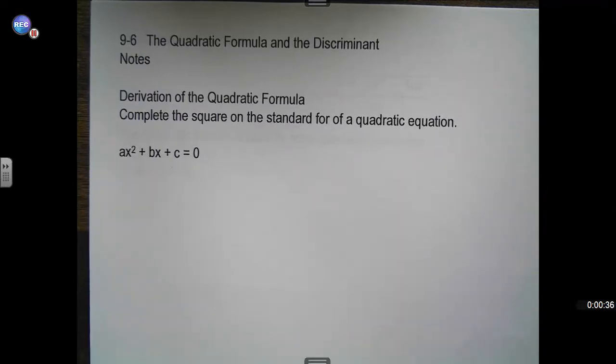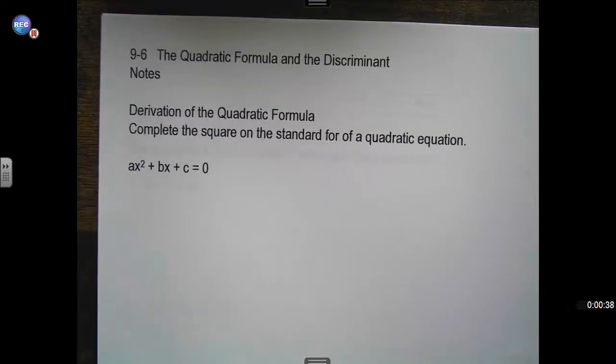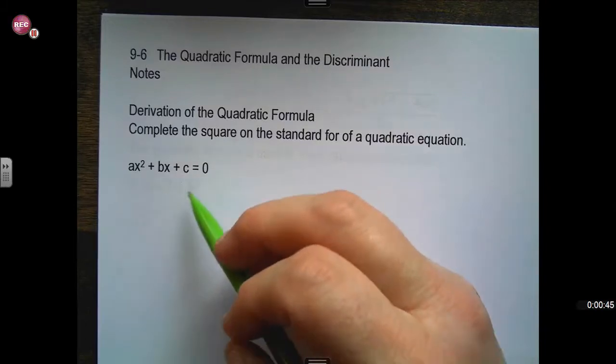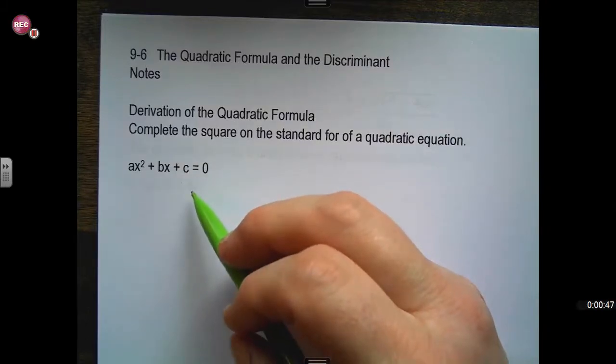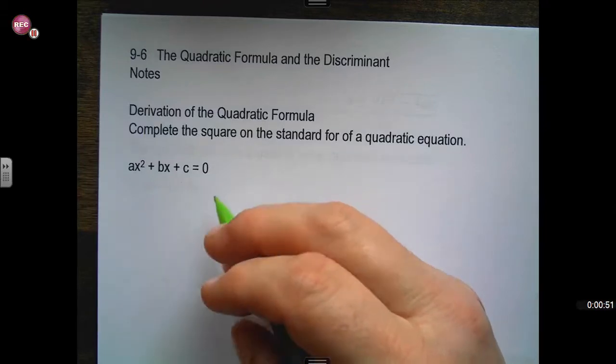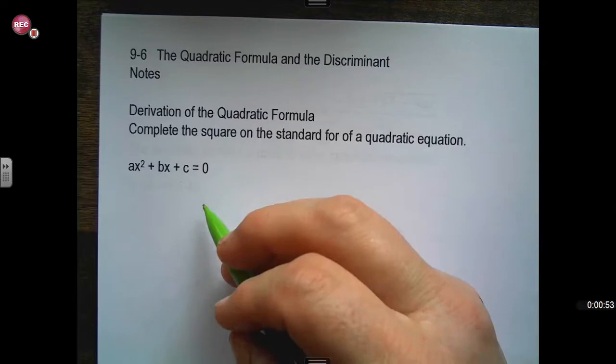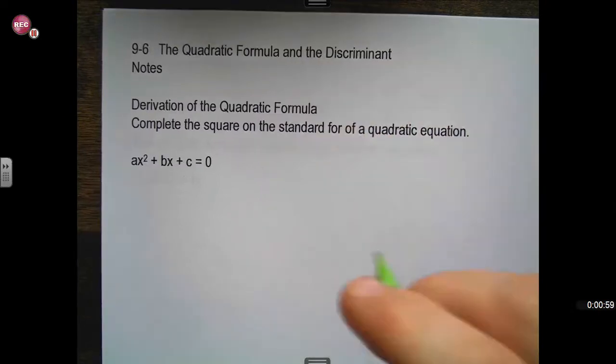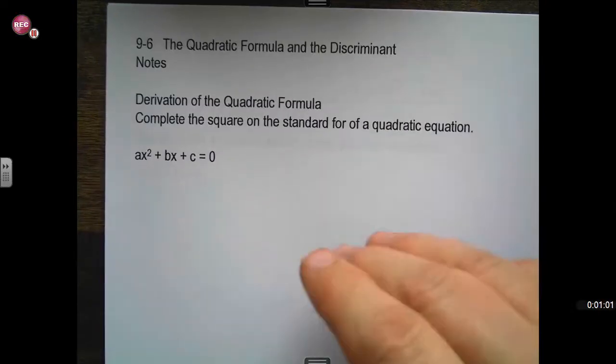So what I have here is the quadratic equation in standard form, and when we complete the square on this, then what we get is the quadratic formula. Okay, so we completed the square in the previous section.